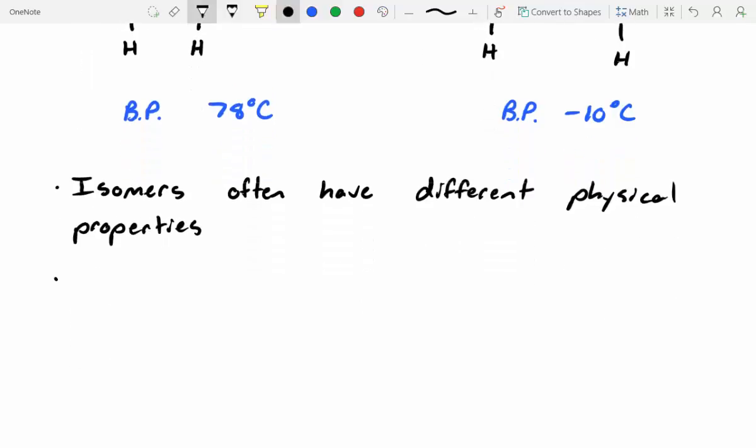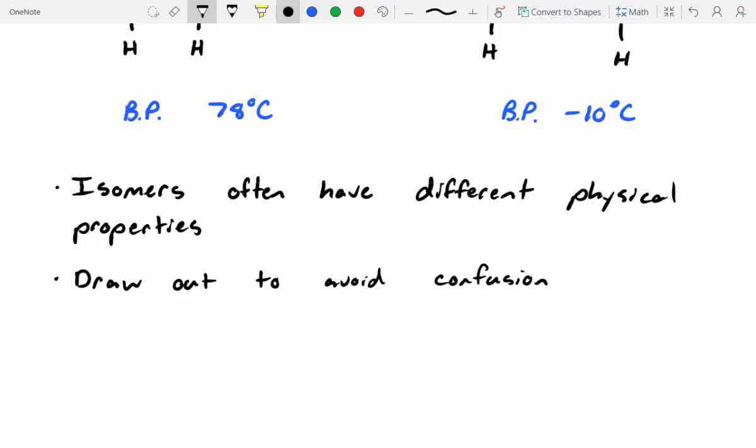So we want to draw them out to avoid confusion. Make sense? All right.